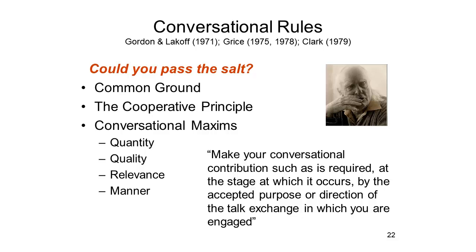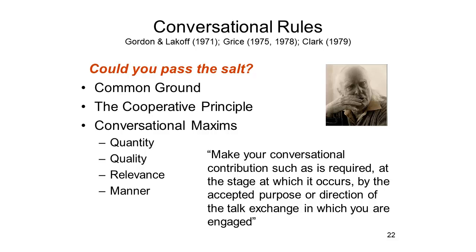From analyzing how sentences like this are understood, we learn that in order for the speaker and listener to communicate, they have to establish what Clark has called common ground, the knowledge, beliefs, and suppositions that speaker and listener share in common. Each must have some sense of what the other person knows, believes, and supposes to be true, and each must use this knowledge in structuring his or her communication.